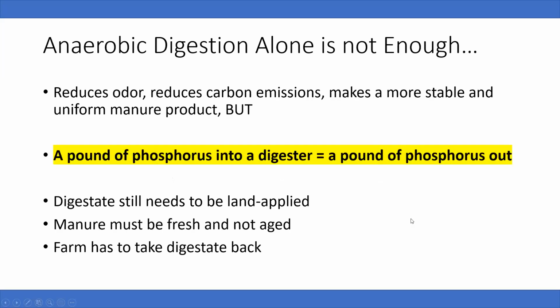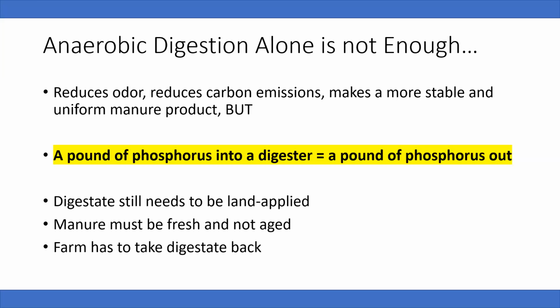But we also need to consider that anaerobic digestion alone is not enough, especially for considering the nutrient implications of that, because a pound of phosphorus into a digester equals a pound of phosphorus out. Now, over the last several years, these digester companies have really taken a hard look at nutrients and looking at ways to recover a lot of those nutrients after digestion.